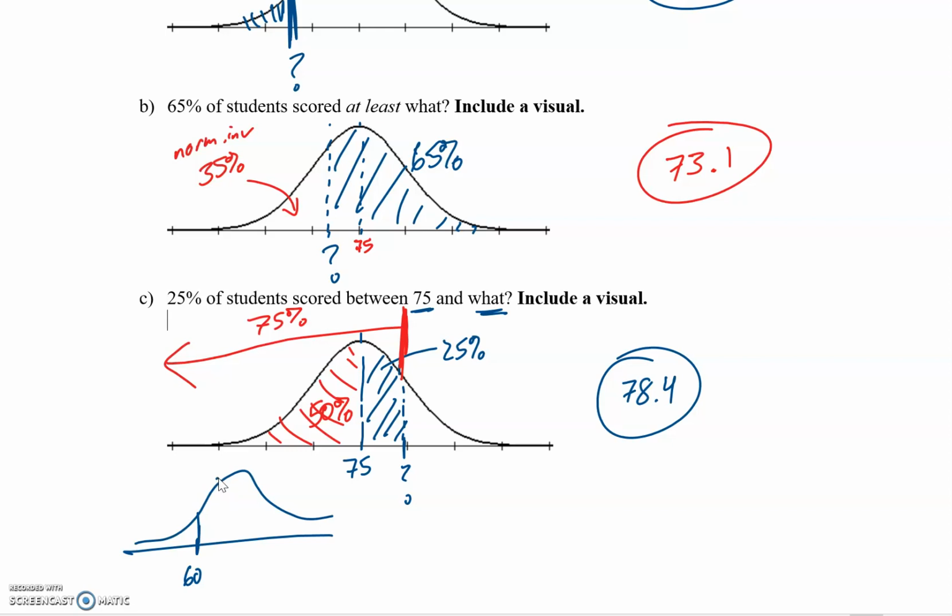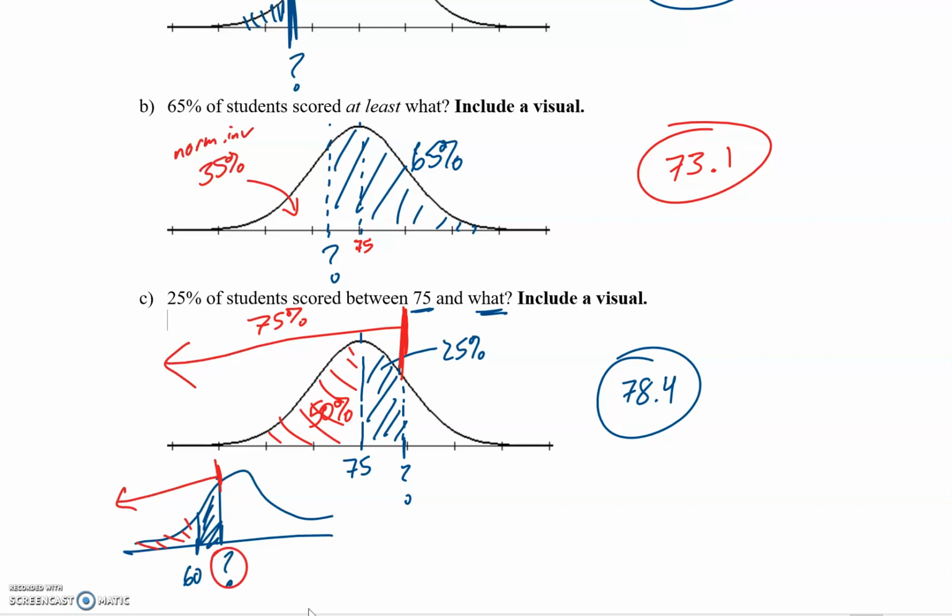The regular norm distribution would have told us the part in red, and then we could have combined that with our 25% and used inverse norm to figure out what our missing data point is.